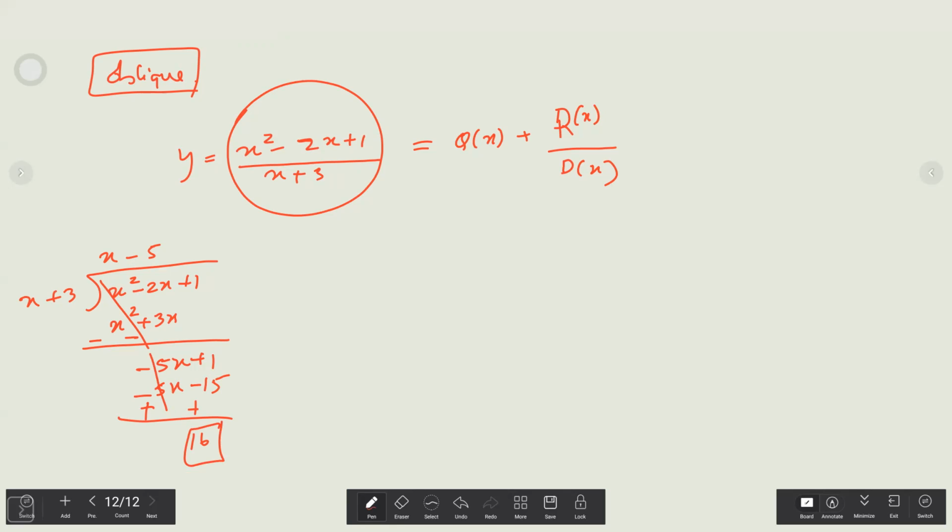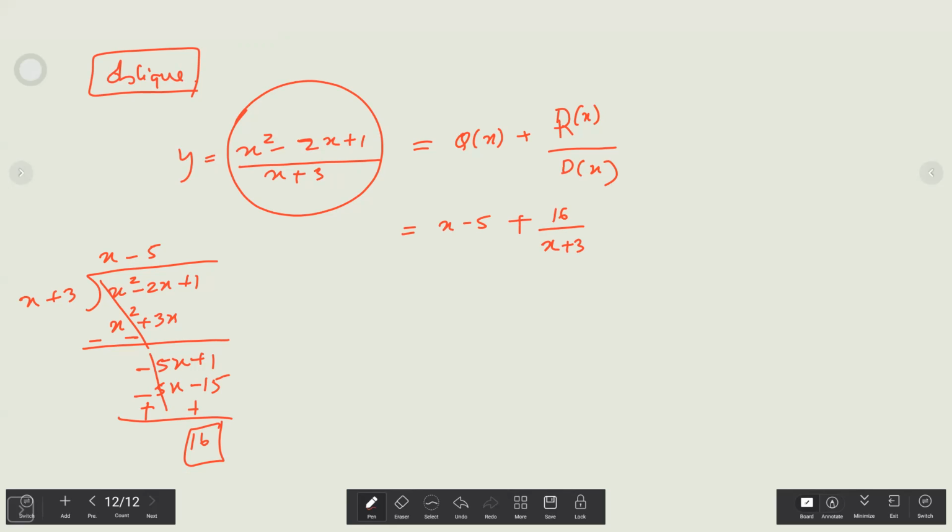So this expression can be written as quotient, which is x minus 5, plus remainder, which is 16, upon divider, which is x plus 3. If you take the LCM and simplify, you get the original expression.